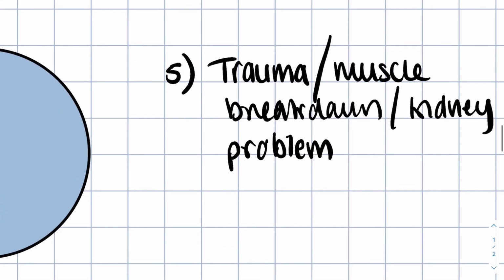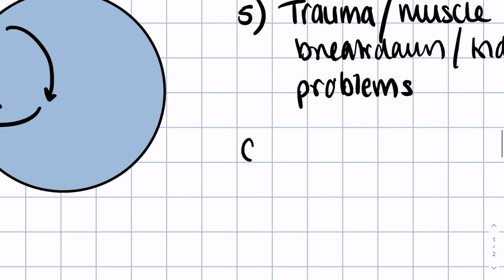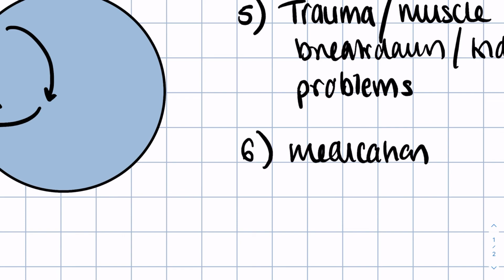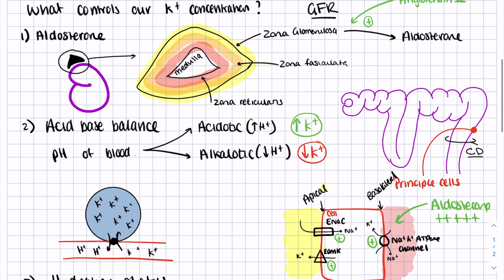And all these will be explored in later videos when we talk about hyperkalemia and hypokalemia. Or, of course, don't forget medications as well, because all medications can impact on the systems that we've previously discussed.